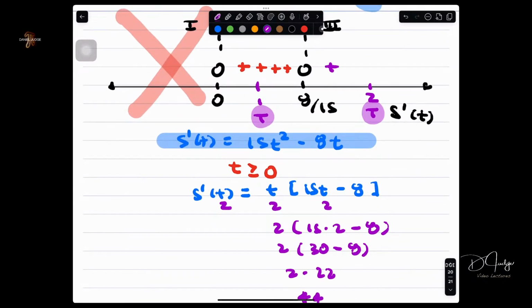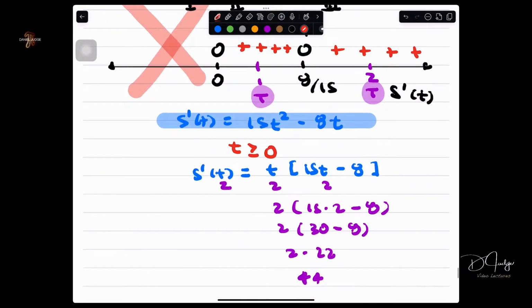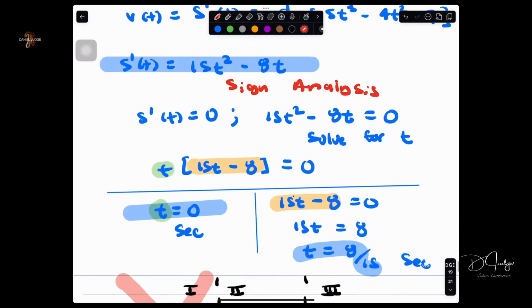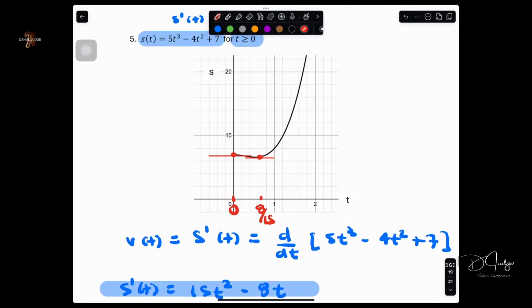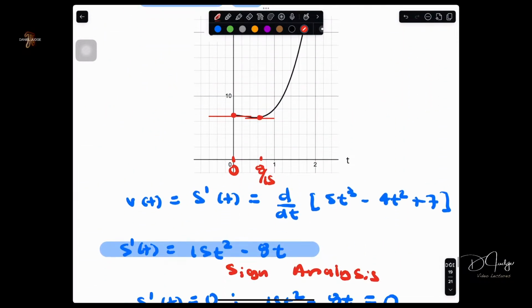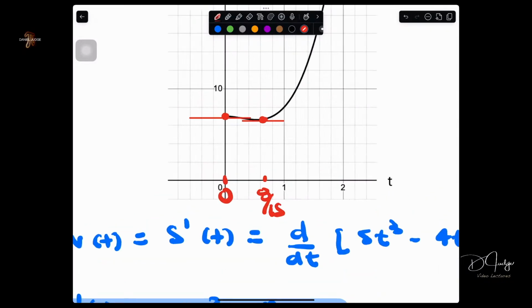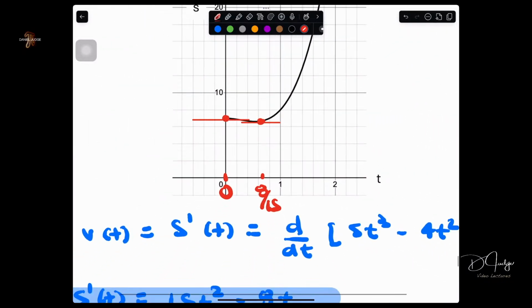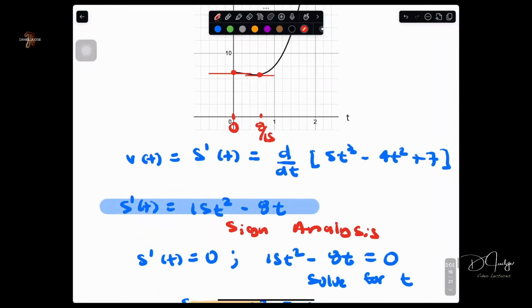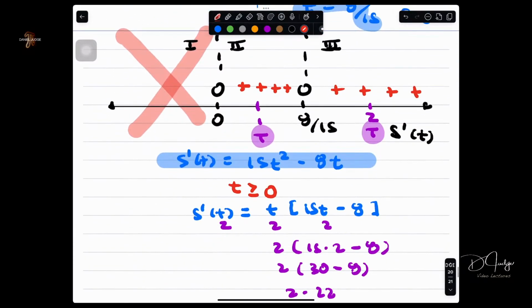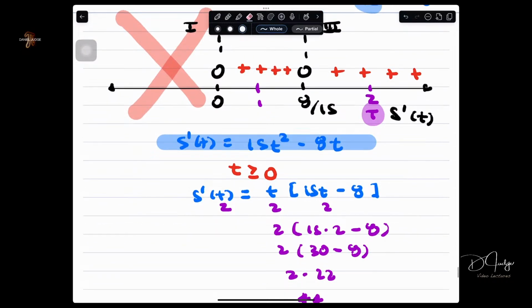So it looks like, ladies and gentlemen, region 3 is also positive. I don't think we've done anything wrong so far. Actually, we made a mistake. Yes, we did make a mistake. We can't use 1 as a test point, so there is a mistake.